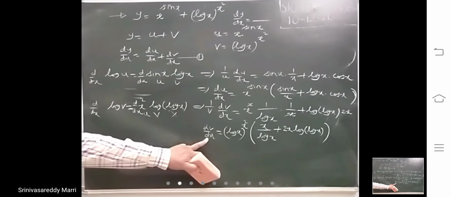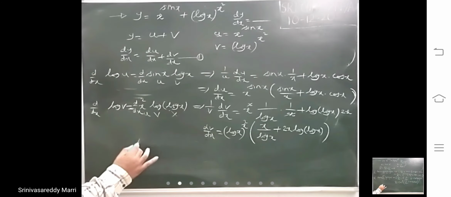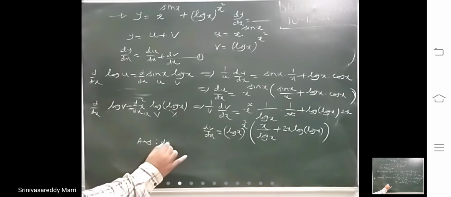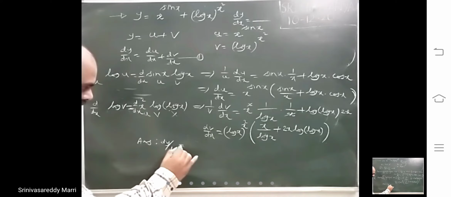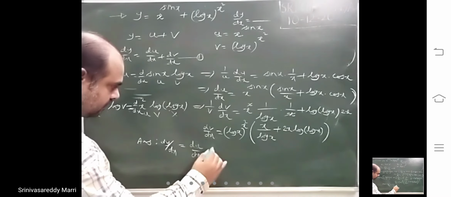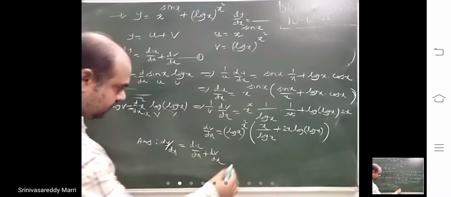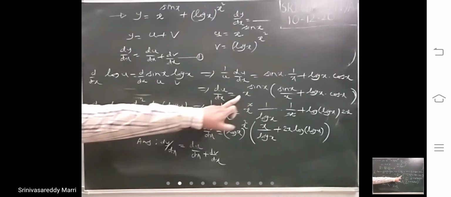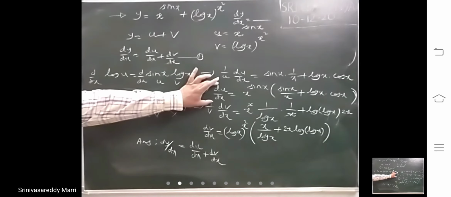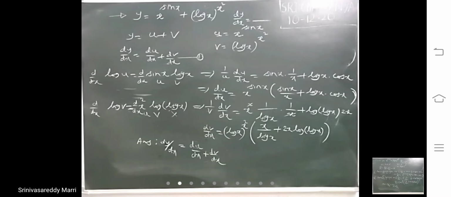Now this is dv by dx. So your answer is what? Just add this plus this. Leave it like this: du by dx plus dv by dx.